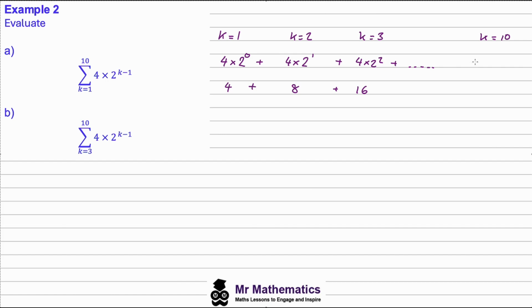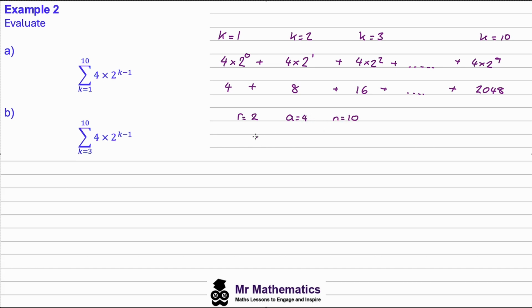And this would be 4 times 2 to the power of 10 take away 1, which gives us 2048. So now we've got our geometric series, we know that the common ratio is 2, our first term is 4, and the number of terms is 10.